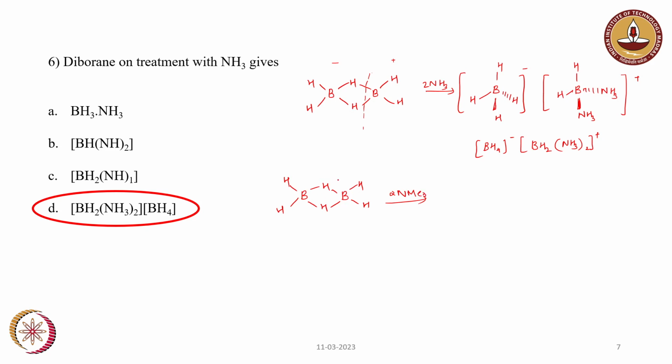So it will cleave symmetrically like this. So BH3 is formed. So 2 BH3 and they will coordinate to NMe3. The structure will be like this.